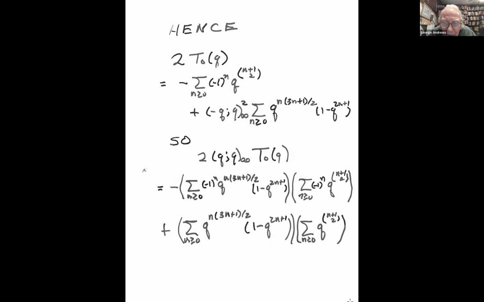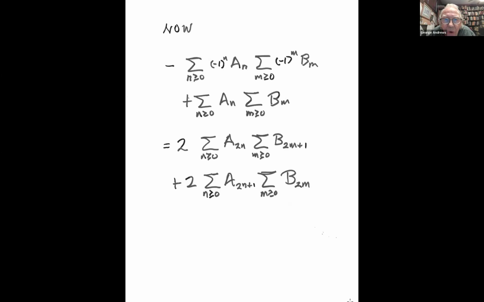If you look at it carefully, you see that the two expressions have basically identical exponents. The only thing funny going on here is that in the top row, there are minus ones to the n's inserted in the sums that disappear in the bottom row. So let me illustrate this. This is what's going on here.